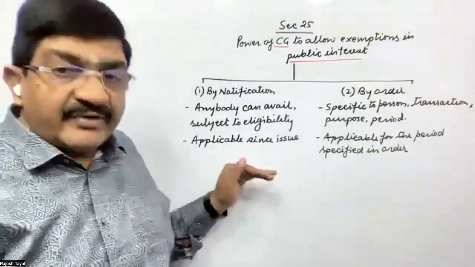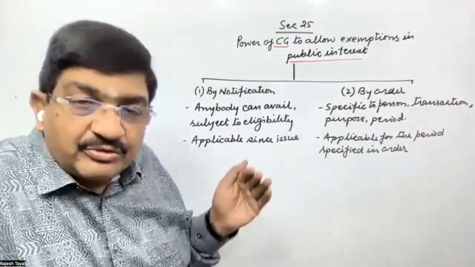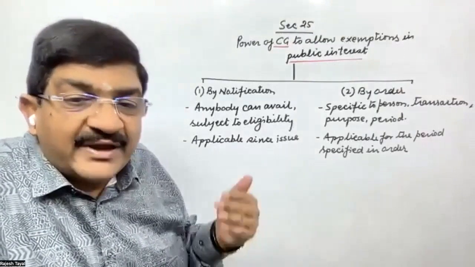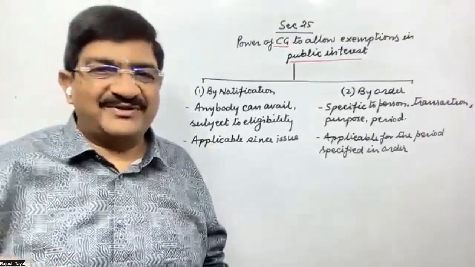Right? Now, power to allow exemption automatically includes power to modify and power to withdraw the exemption.